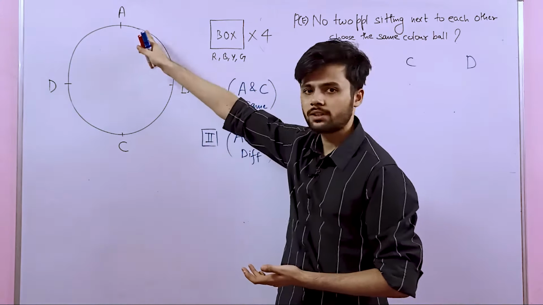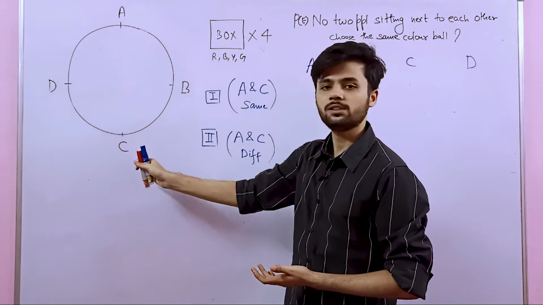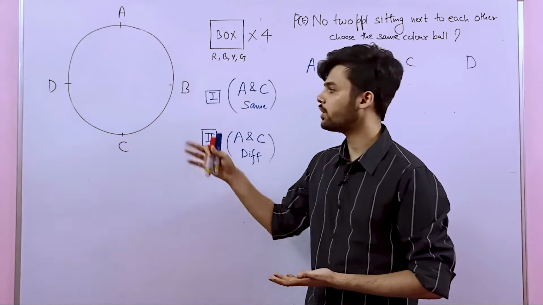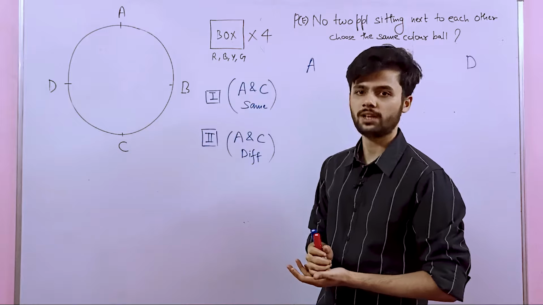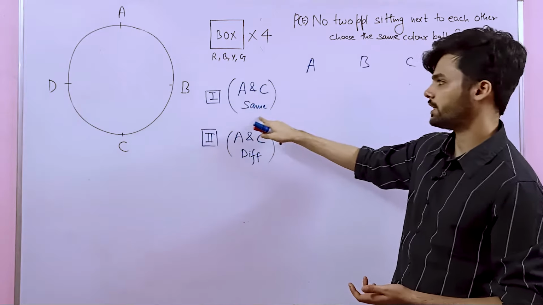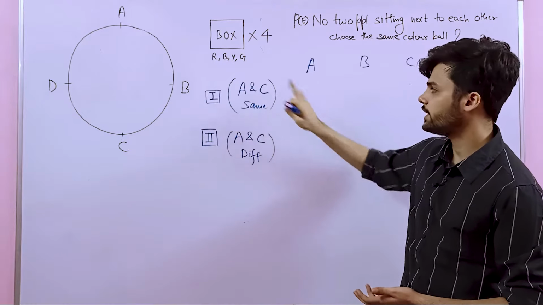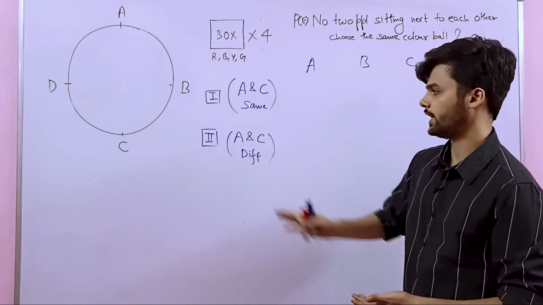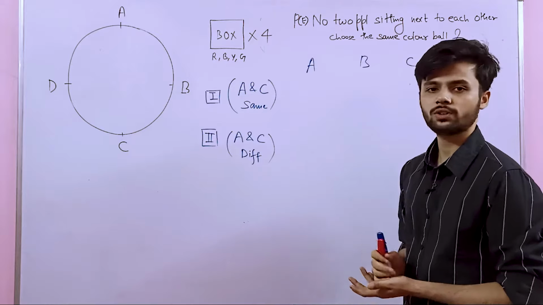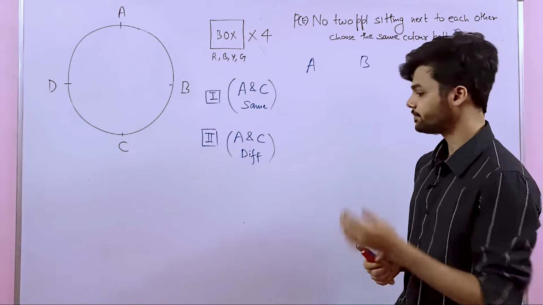Whatever option A chooses, C can choose the same option or C cannot choose the same option as well, right? The same thing I have done here. I have made this into two scenarios. Scenario 1 is A and C go for the same colored ball, and scenario 2 is A and C go for different colored balls, right?